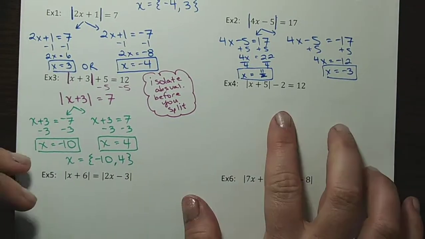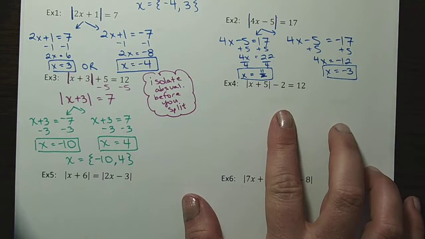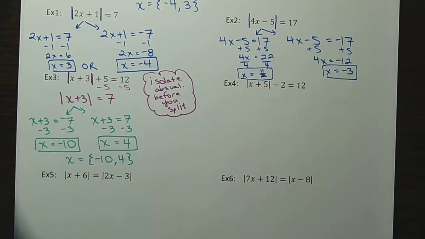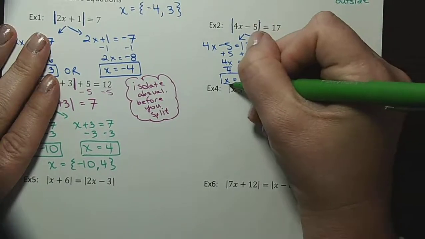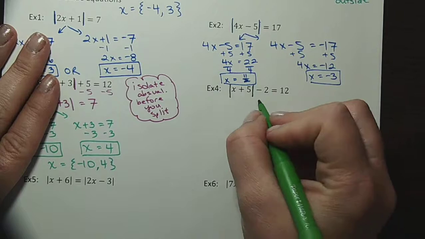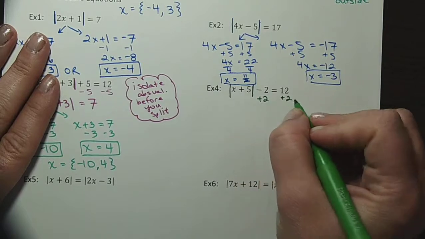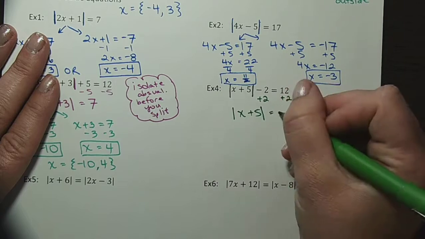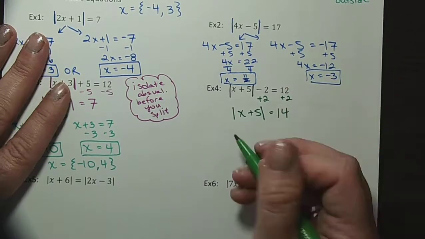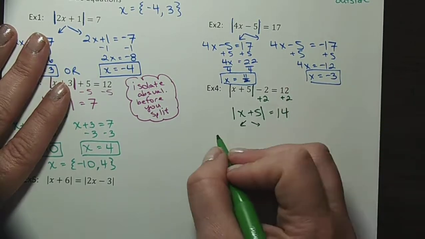All right, so same idea for example 4. If you want to pause and try example 4 on your own, now would be a good time to do that, and then play back to see if you got it. Again, the absolute value bars are just right here. We're going to add 2 to both sides. So the absolute value of x plus 5 equals 14. Then we will split.